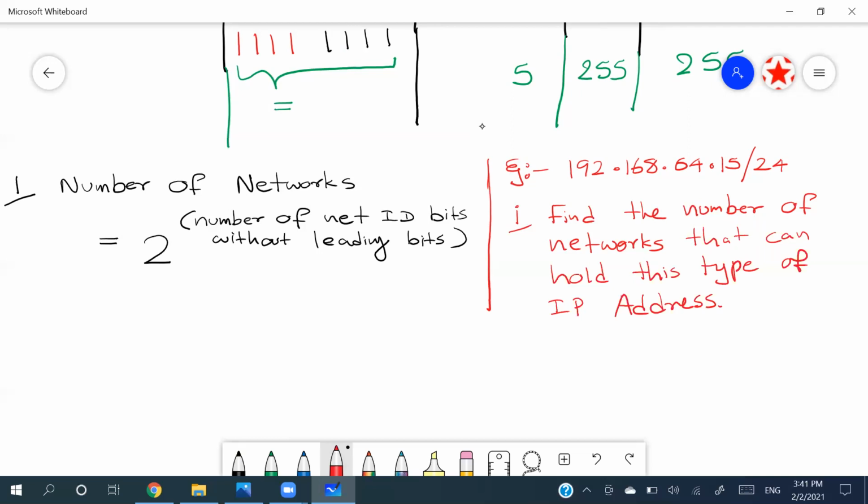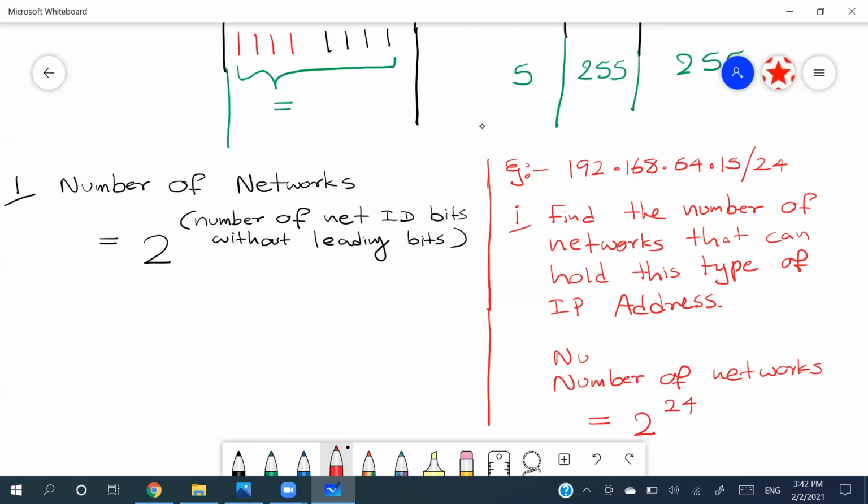Right. So it is easy. So we are going to say this should be equals to 2 to the power 24.